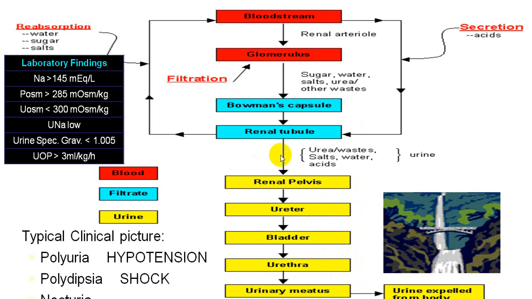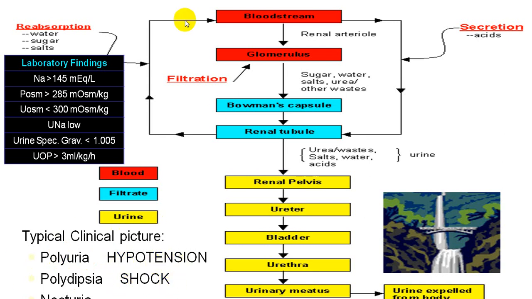While in a person who has diabetes insipidus, urine is expelled from the body excessively because the water is not reabsorbed, and the person has increased urine output, which is very dilute urine, so he gets polyuria. Because there is a loss of water, the person develops hypovolemia, and that stimulates the hypothalamus to increase thirst, so the person gets polydipsia. Because of polyuria, the person also has nocturia. If water is not replaced, the person will develop hypovolemia, hypotension, and shock.